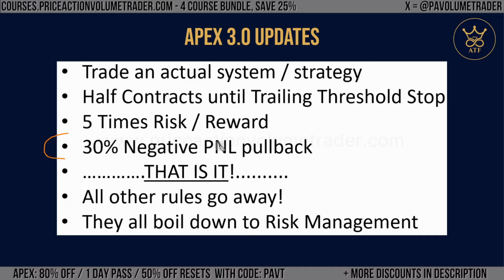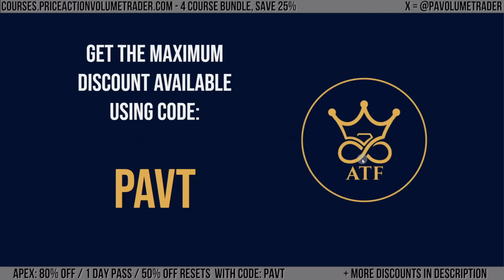And the 30% negative PnL pullback: don't let a position go more than 30% negative into your initial day trading balance. And that's pretty much it. All the other rules go away. So again, you can trade news, you can dollar cost average, you can flip, etc. And that's pretty much it for the updates.